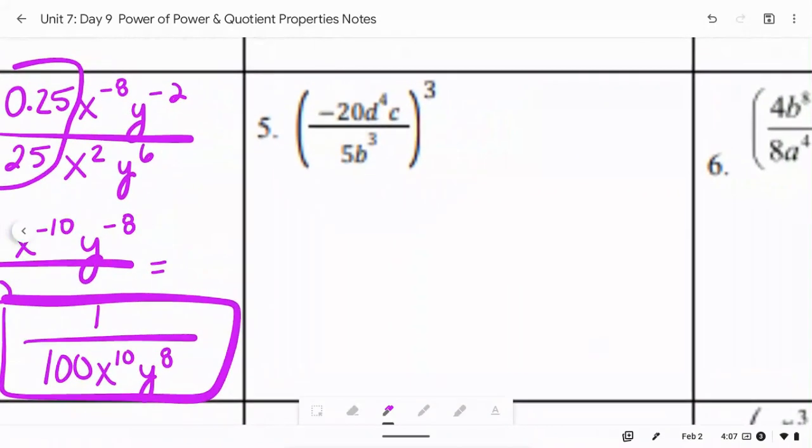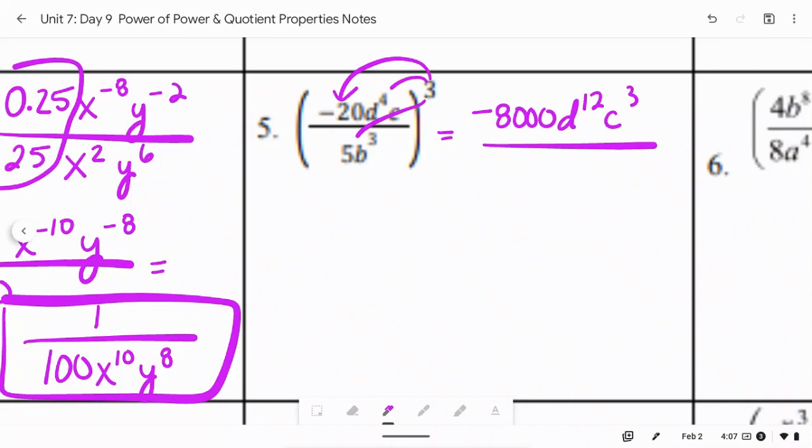In example 5, we're going to distribute the 3rd power. So make sure when you type this in the calculator, remember for negative exponents, put it in parentheses. So negative 20 to the 3rd power. You end up getting negative 8,000, and then multiply the exponents, d to the 12th, c to the 3rd, and then distribute the 5th power.